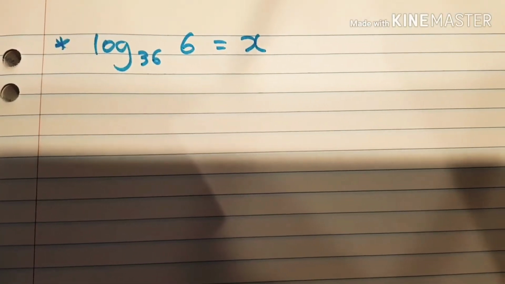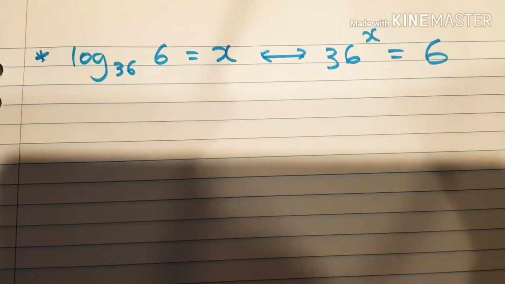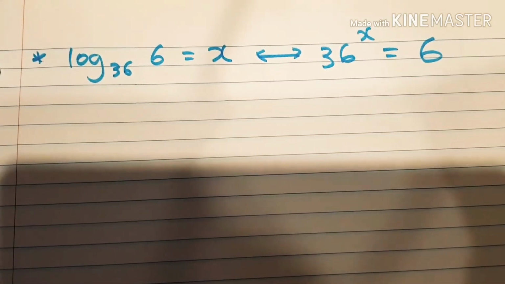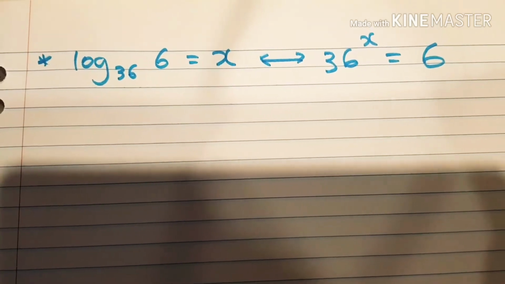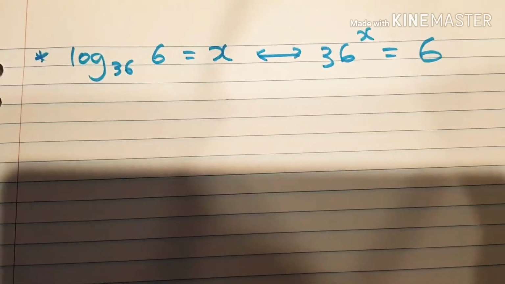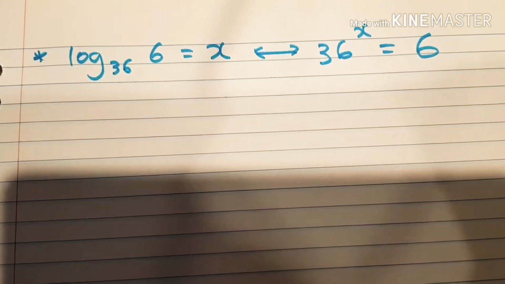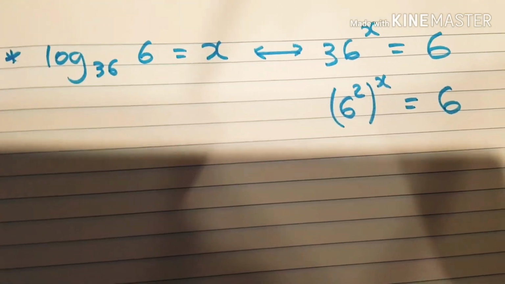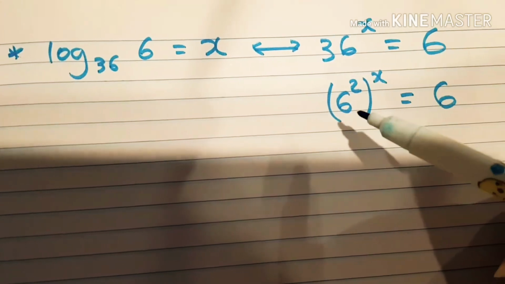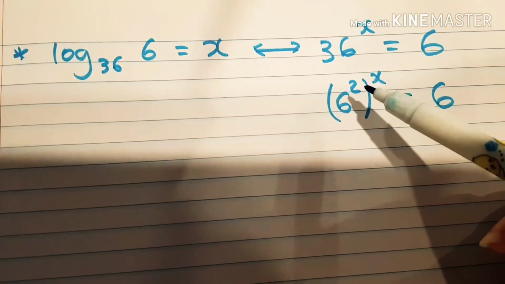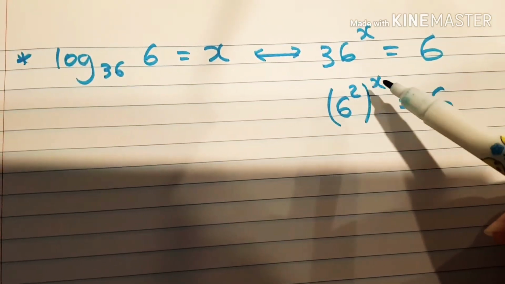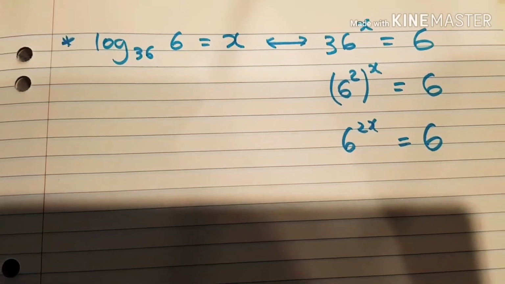This time have a go at doing this question. Obviously, the first step is converting back into exponent form. And then what did I say? Make the base equal. So 36 is 6 to the power of 2. So I have x, a power of a power, so I'm going to multiply them.